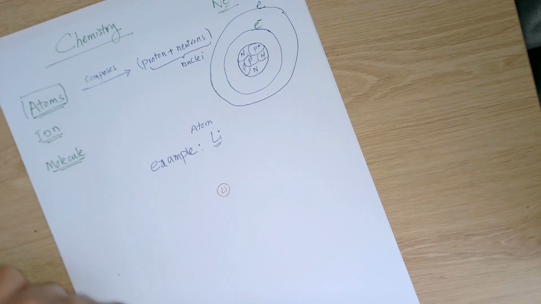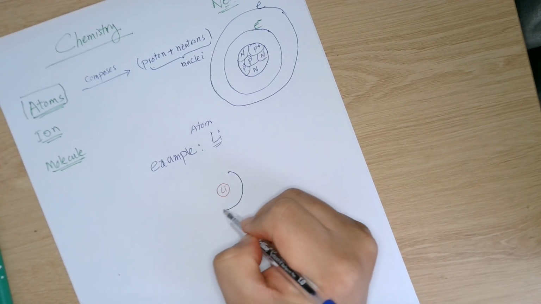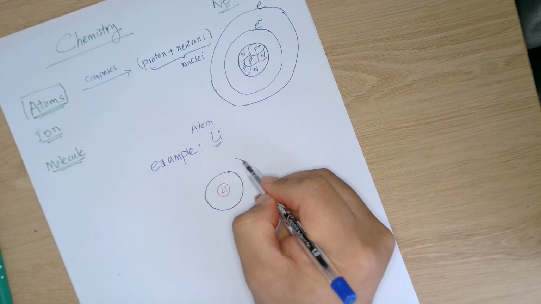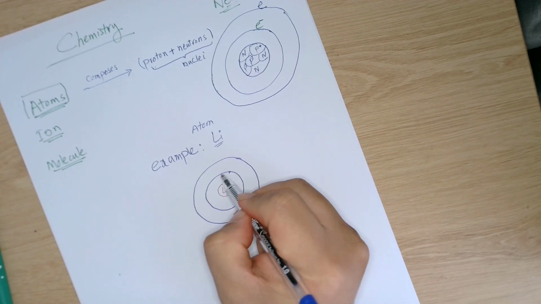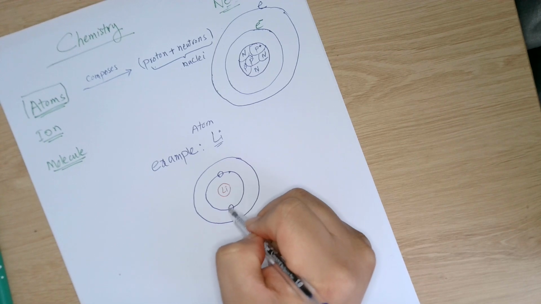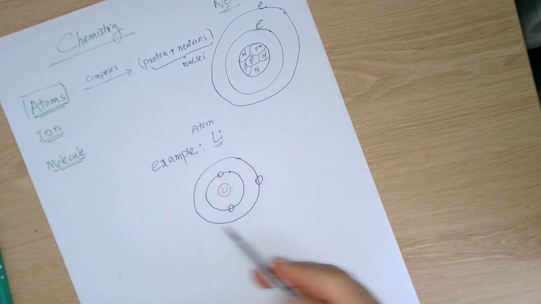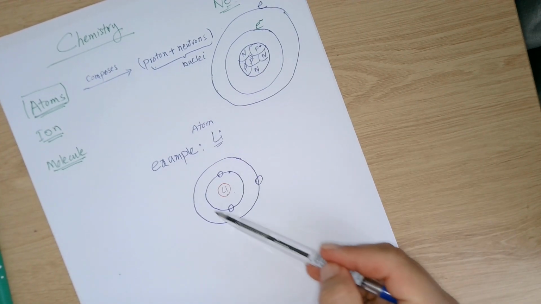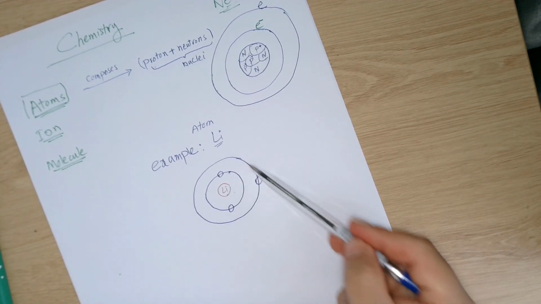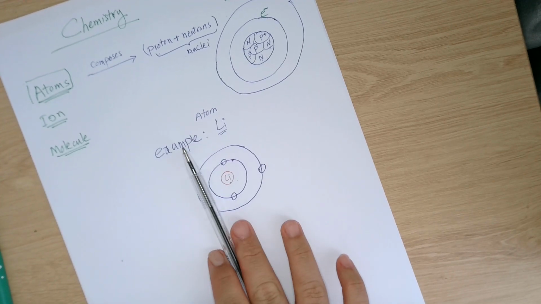That's the nucleus, and around the nucleus there are electrons. For example, one electron here, another electron here, and one electron here. It's all orbiting around the nucleus. This is the nucleus, and these are electrons orbiting around the nucleus. So this is an atom.